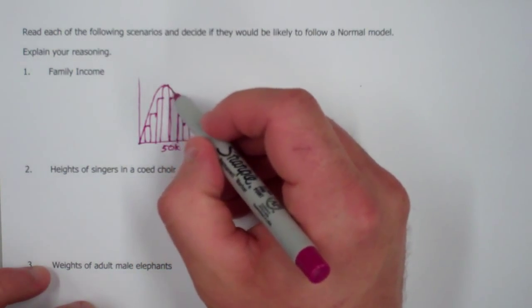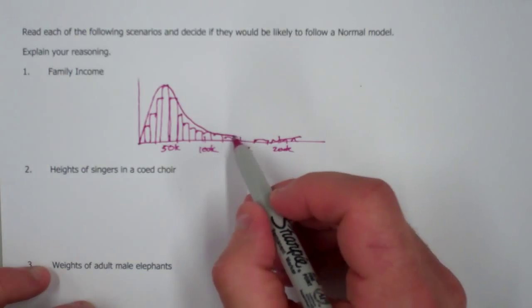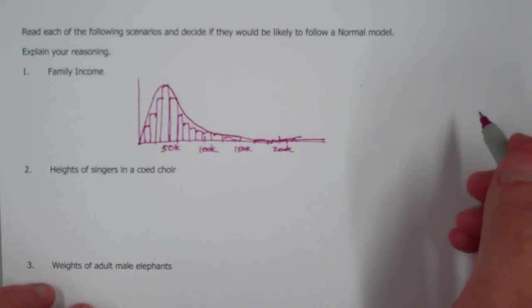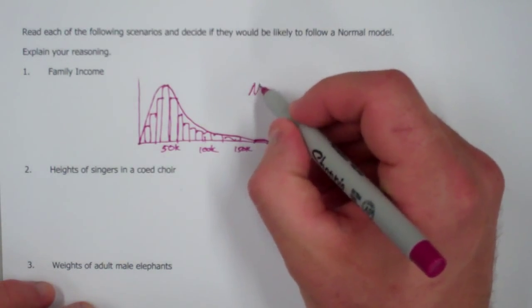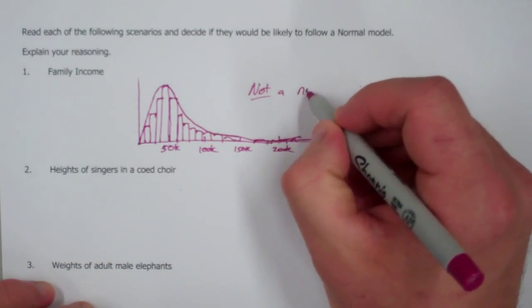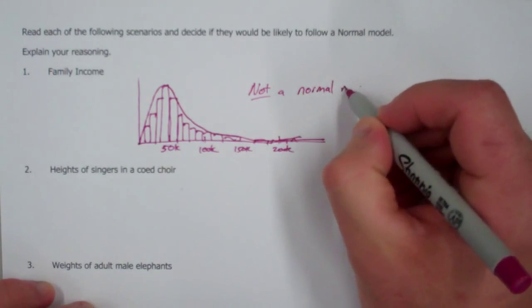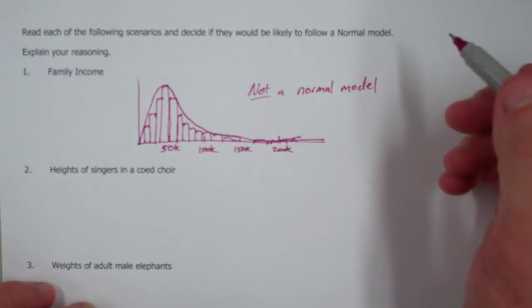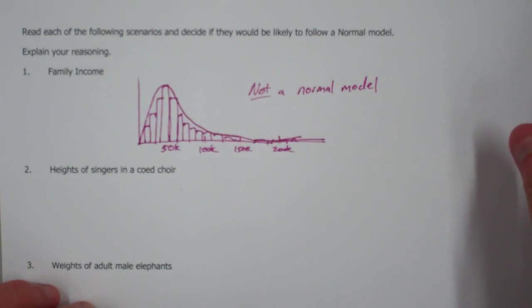There are some outliers here, and because the data is skewed to the right, this would not be a normal model. As a matter of fact, when you hear a measure of center reported for income, it's not the mean. You're going to report the median.